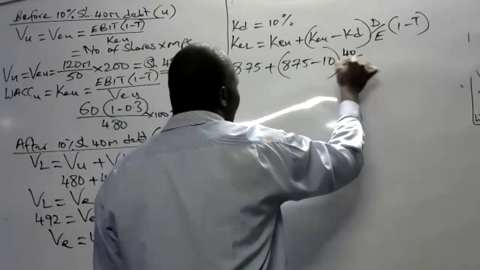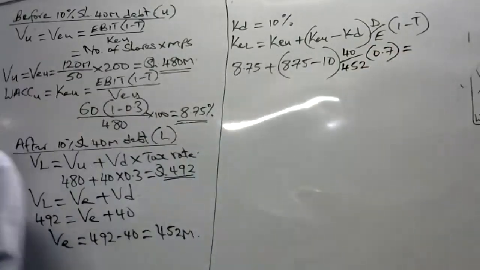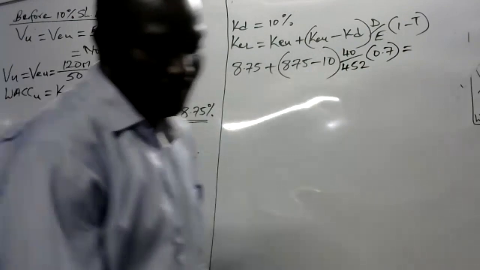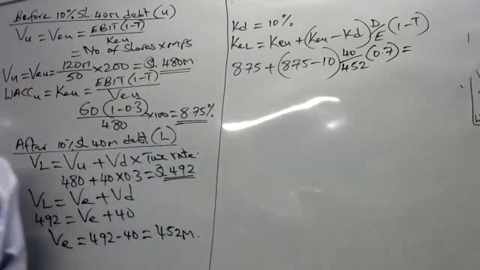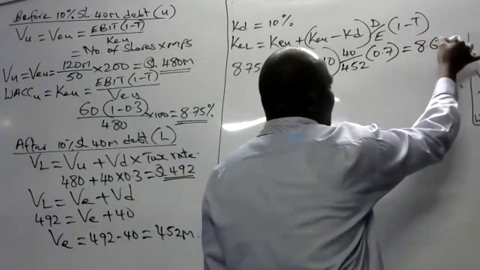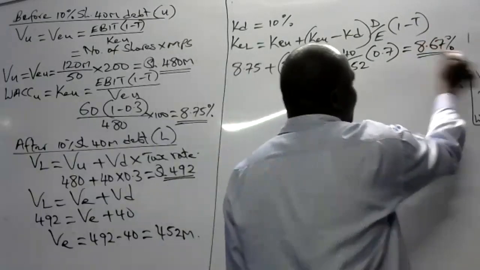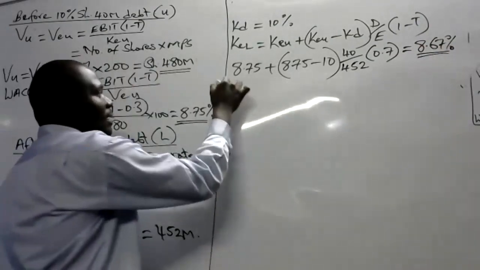And equity is how much? 452, adjusted for tax. We have 8.67.